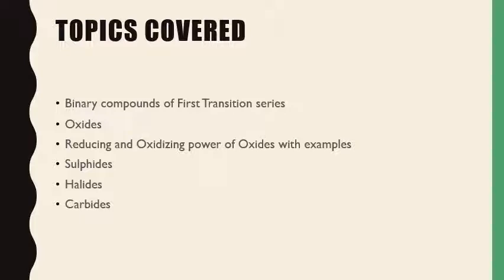In this lecture, we should cover the following topics: the binary compounds of the first transition series, in which we first talk about the oxides, the reducing and the oxidizing power of the oxides with examples, then sulfides, halides, and carbides.